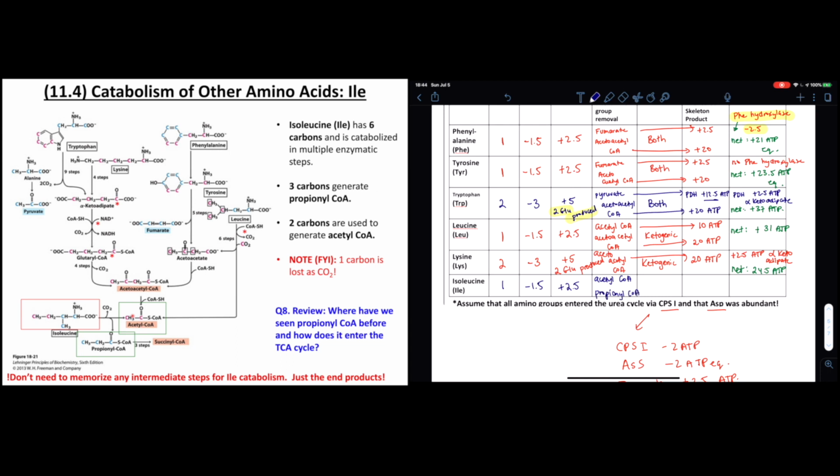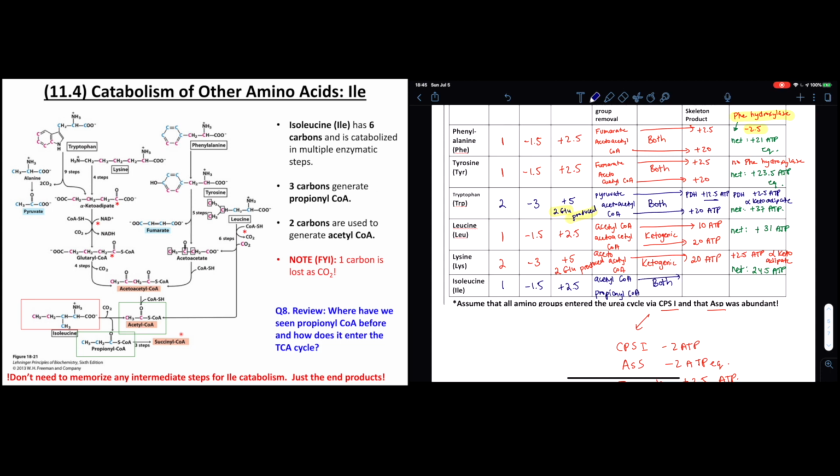So we classify this as being both, because this compound over here is ketogenic only, and this compound down here is glucogenic, because if you remember from odd chain fatty acids, it gets converted back into succinyl-CoA, which can go into the TCA cycle.